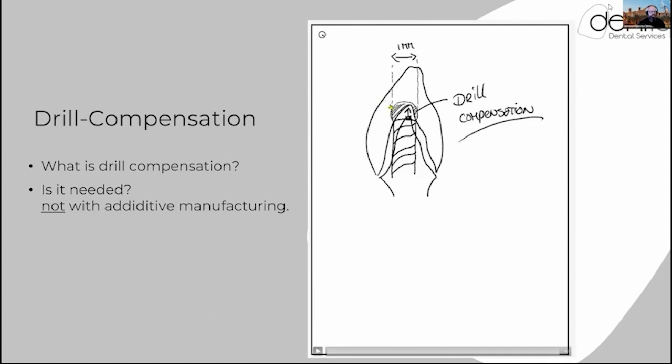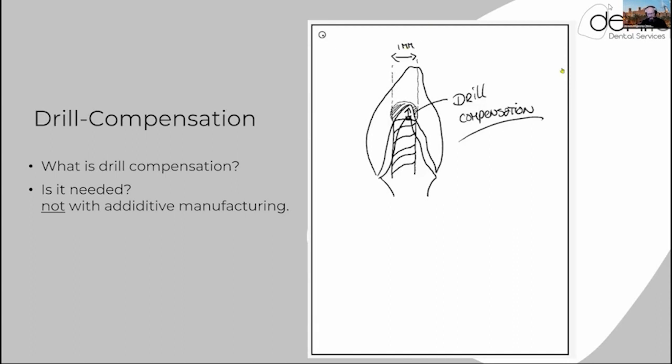Here, this area is becoming thinner. So if this is a thin restoration, we might see a black area or anything. So if we don't need any drill compensation, we got the full amount of material here. So we can work much thinner, much more aesthetic.